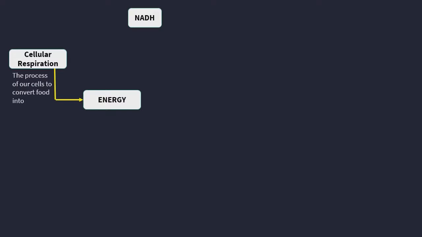An important molecule there is called NADH. This is a molecule that carries energy, so it's a chemical that generates energy. NADH is produced in an intermediate phase of glycolysis, step number 6.